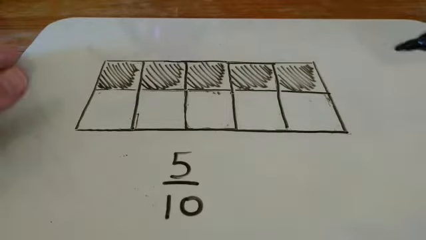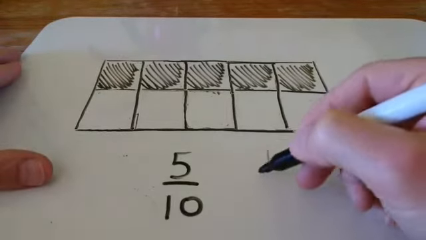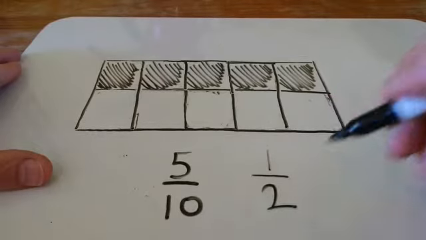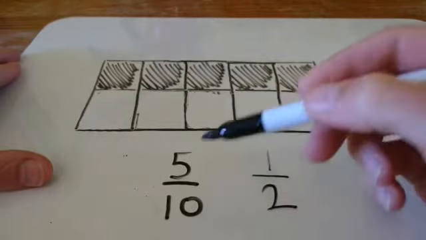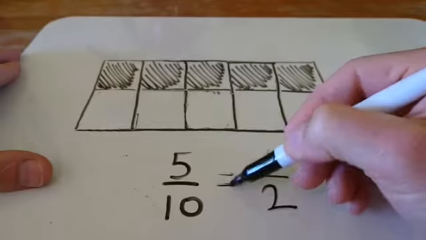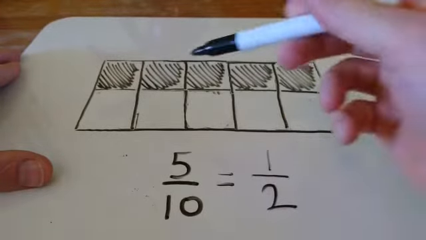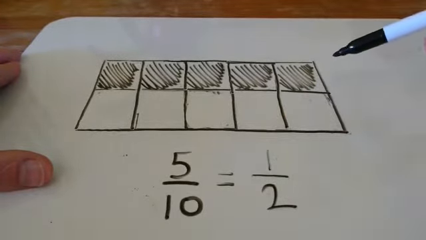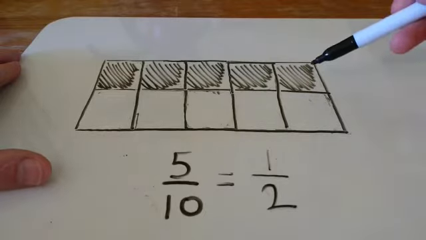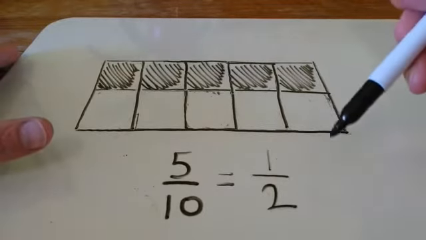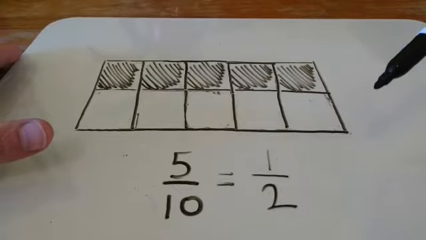You could also say that I've coloured in 1 half. So 5 tenths is equal to 1 half. I've coloured in 1 half of my shape. I've also coloured in 5 tenths of my shape. We can say that they are equivalent or the same as each other. Okay.